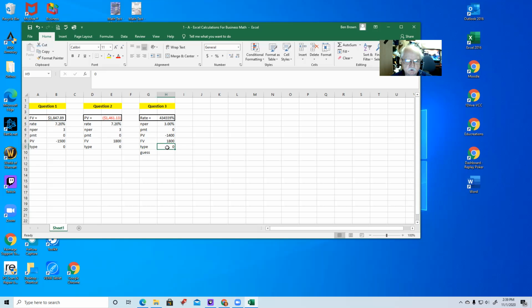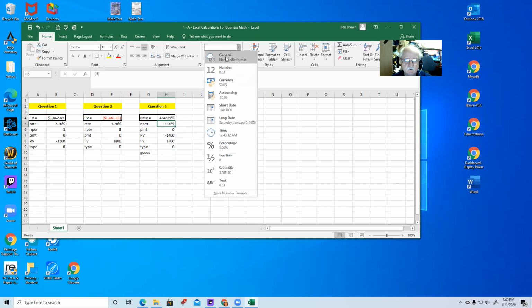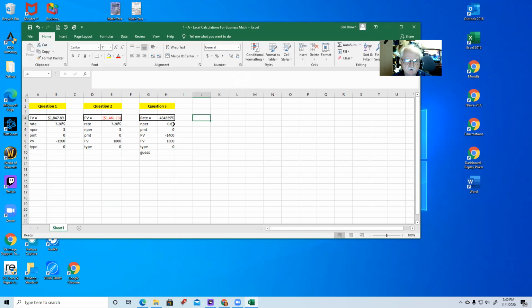Type is still 0. And the guess can be left blank, apparently. And we've confused Excel because Excel thinks this is a percentage, but we'll tell it it's just a number. And it's not 0.03, it's just 3.